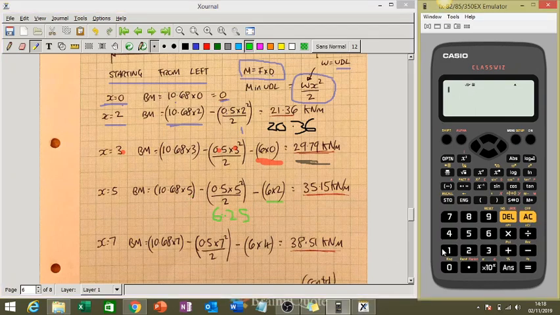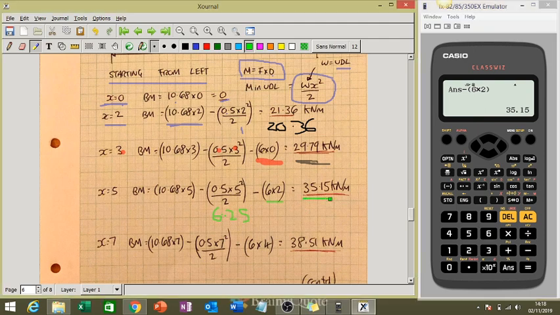So 10.68 times by 5 equals that. Take away 6.25 equals that. Take away 6 times 2, which is 12. Press equals 35.15. So that there is the bending moment at that point.